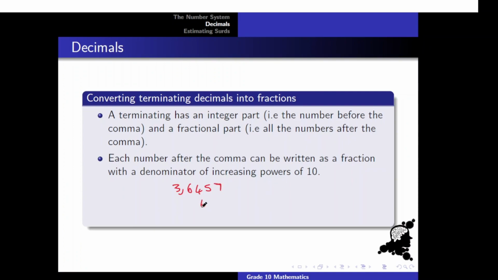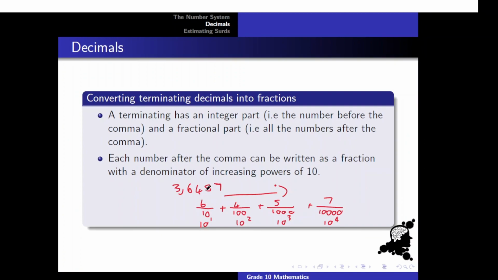I could say 6 over 10 to the power 1, plus 4 over 100, which is 10 to the power 2, plus 7 over 1000, which is 10 to the power 3. So as we go that way, the powers of 10 increase: 10 to the power 1, 10 to the power 2, 10 to the power 3.